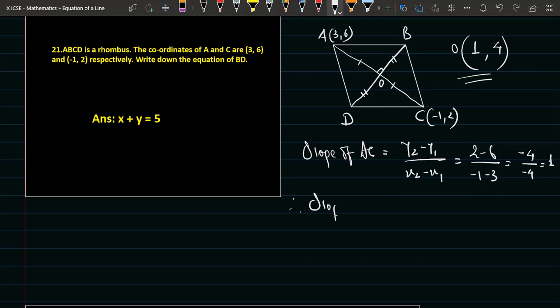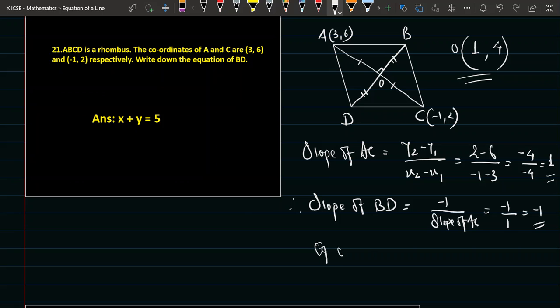Therefore, slope of BD कितना होगा? कोई बता सकता है? -1 upon slope of AC, क्योंकि they are perpendiculars. So -1 by 1, which is -1. Correct. Now I know slope of BD and I know the point which is lying on BD. So I will use slope point form to find the equation of BD.